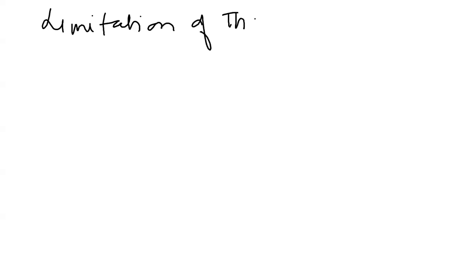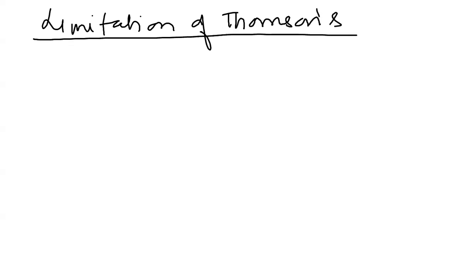Now there is a limitation of Thomson's theory. What is that limitation? The first limitation was the mass of the atom.